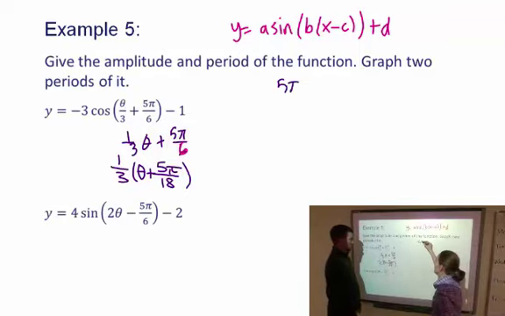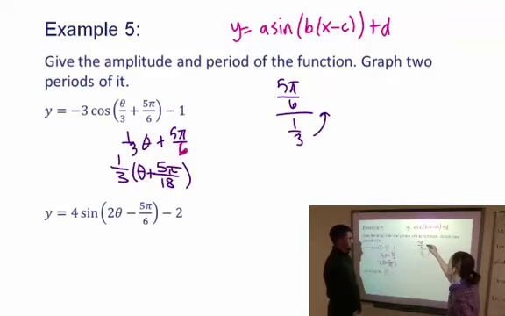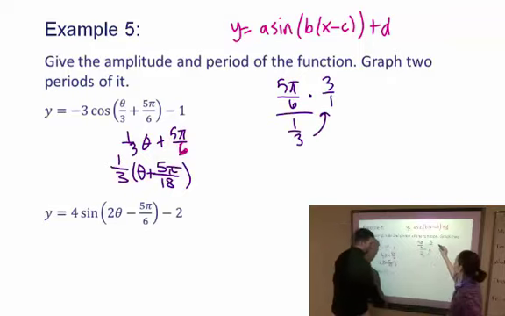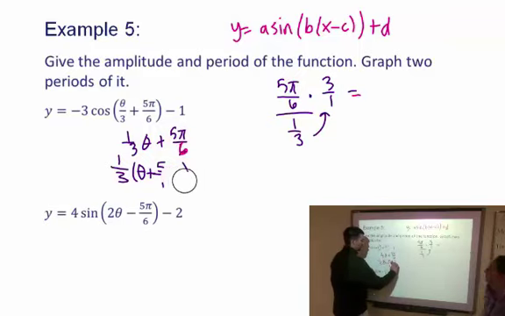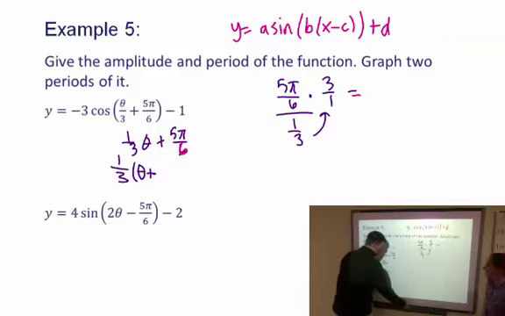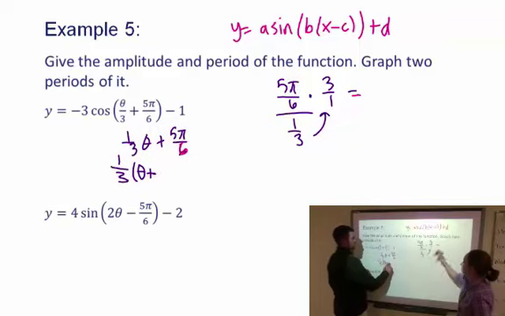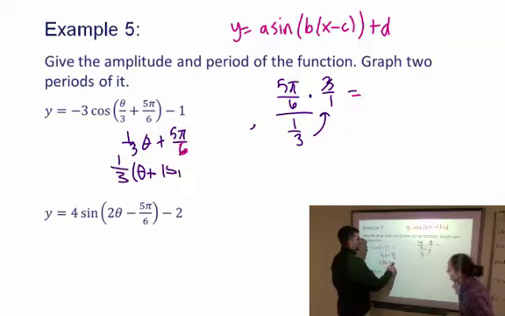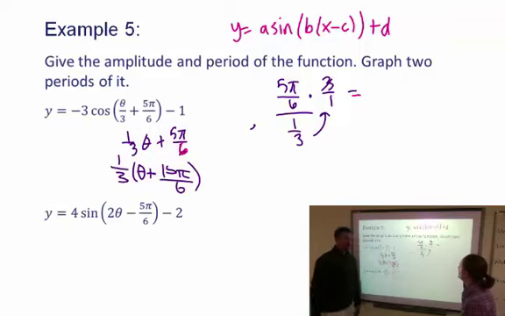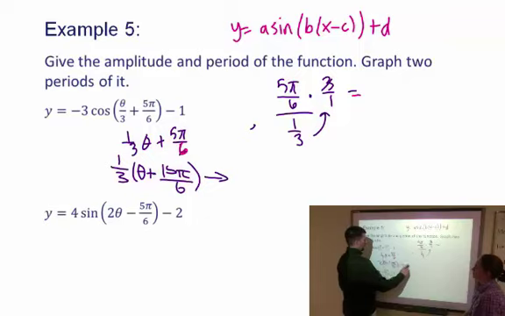You're dividing by 1/3, which is multiplying by 3. That's what I said. I wrote down the 5 pi over 18 just to double check you and make sure that you were paying attention. So it's going to actually be 15 pi over 6. But we don't leave it like that because 15 pi over 6 is a little weird, and we would reduce to 5 pi over 3.